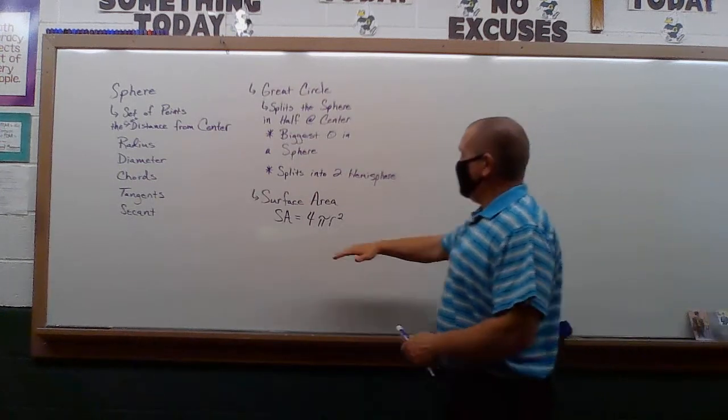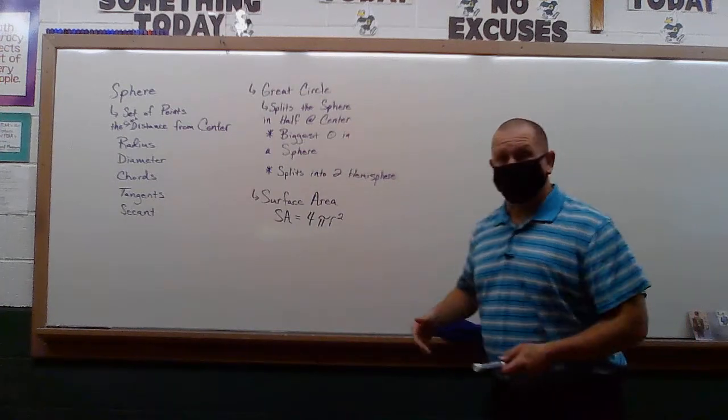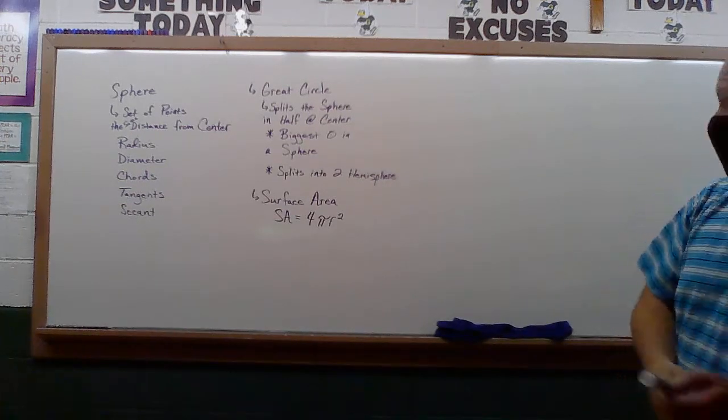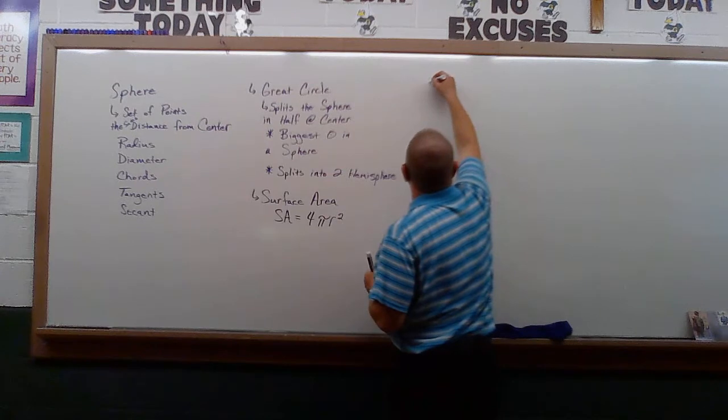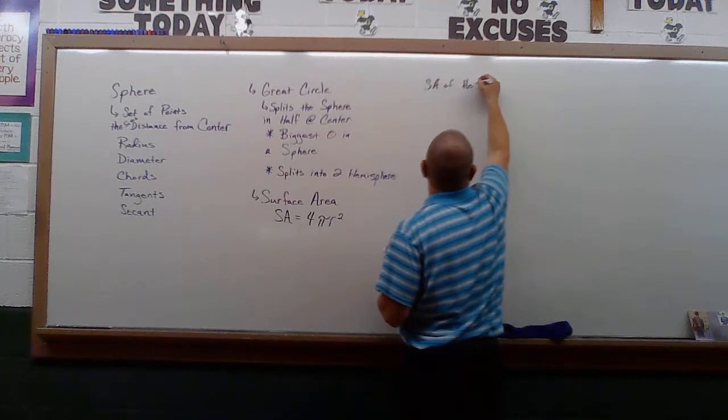So if this is what my surface area of my ball is, now think about chopping that thing right down the middle at that great circle. And so the next one we're going to talk about is the surface area of a hemisphere.